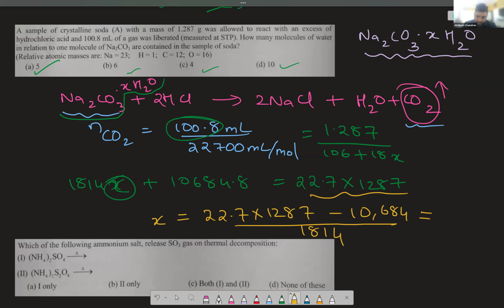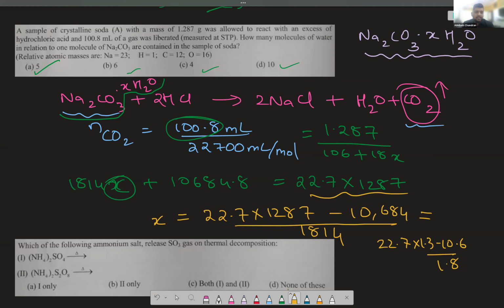Of course, is that some kind of an easy calculation that I can do? Maybe I'm very comfortable with doing approximation. What I feel like doing is to take away three decimals straight off, convert the denominator into 1.8, and three decimals would mean 10.6, and 22.7 into 1.287, which I'm going to take as 1.3. This will give me a calculation which is going to happen much faster.